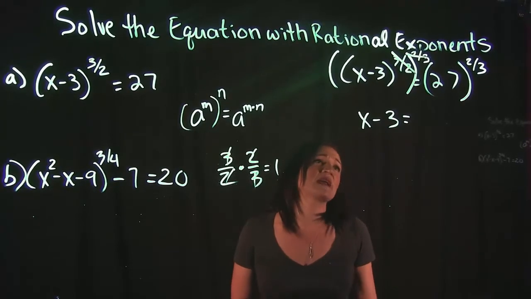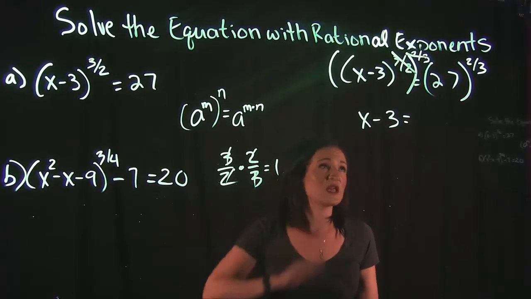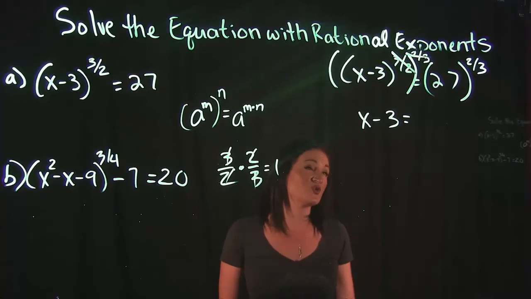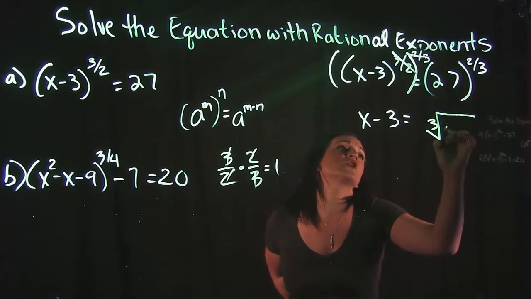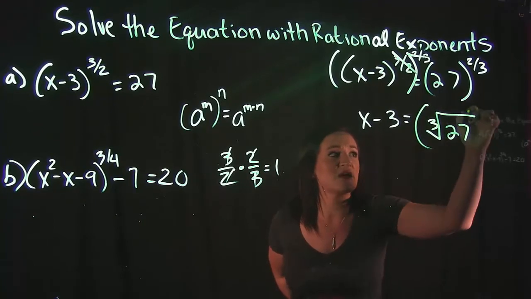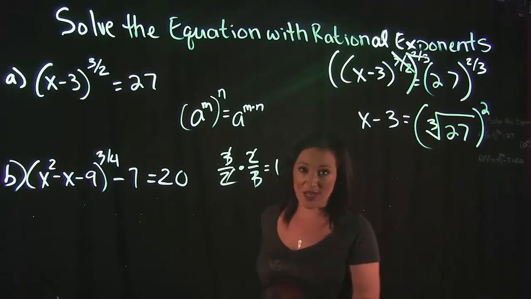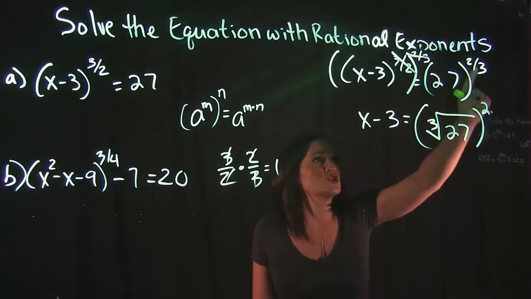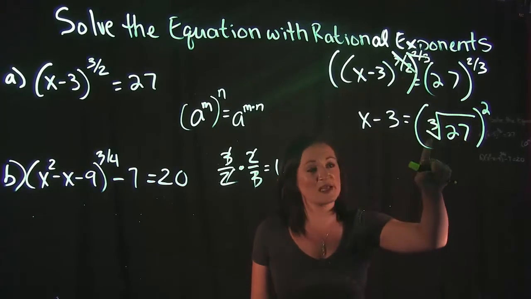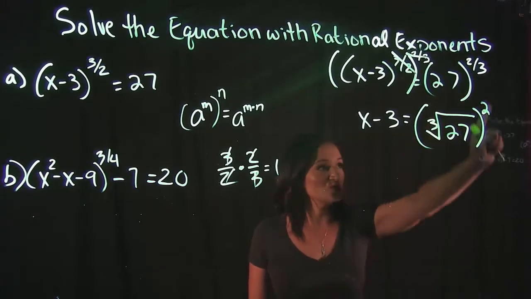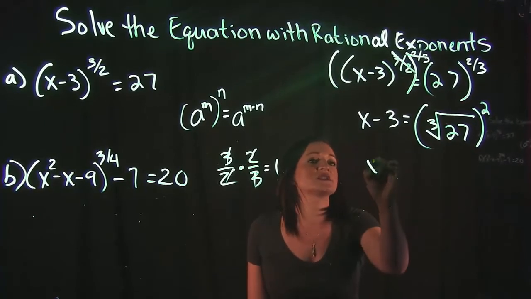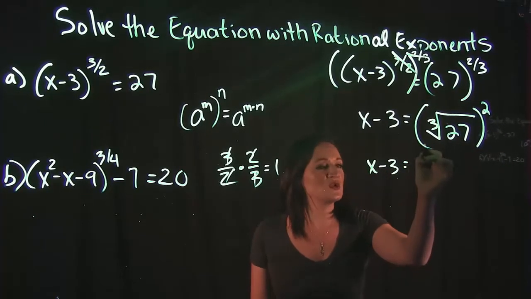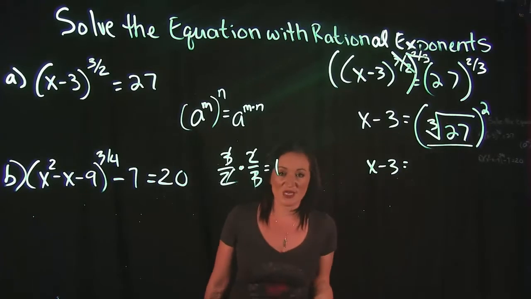That looks a lot nicer. On the right-hand side, taking 27 and raising it to the 2/3 power is the same thing as taking the cube root of 27 and then squaring it. That's how the 2/3 works. The 3 is the index, the 2 is the power. So in order to simplify that, the first thing we need to do is take the cube root of 27.